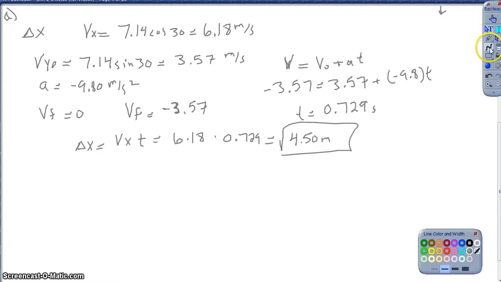Now, one of the biggest mistakes to watch out for, which got a lot of us the first time or two through last year: just because we know he goes 4.5 meters horizontally does not mean we can break this up into a right triangle. I don't want to, for instance, cut that in half and call this 2.25 and this 30. Think about why we cannot do this.